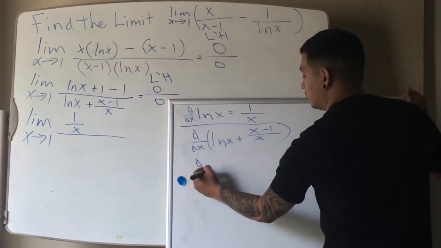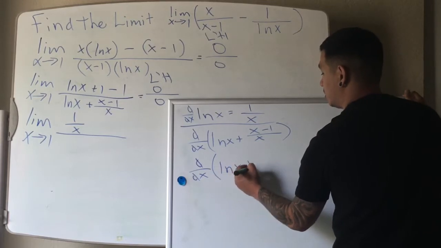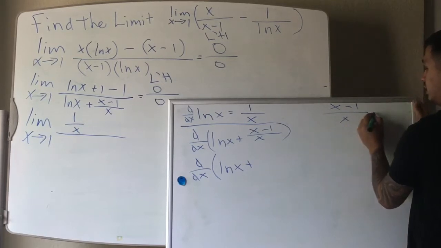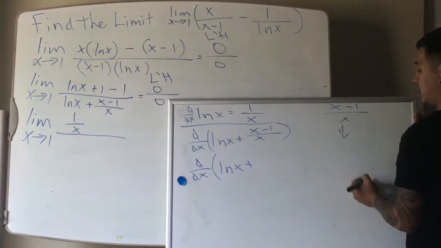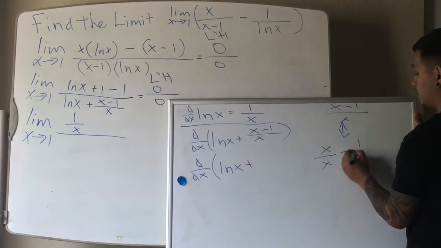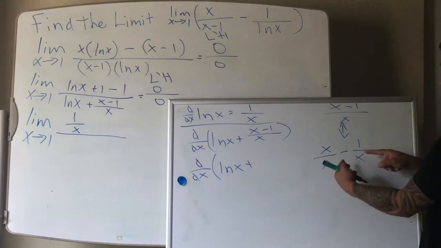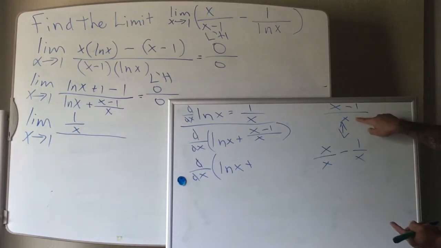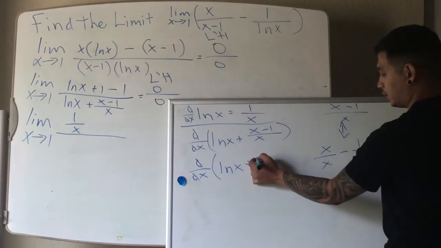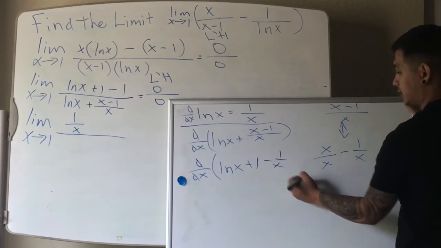So let's just simplify or expand it a little bit. ln x plus x minus 1 over x is the same thing as ln x plus x over x minus 1 over x, right? Because if you just combine these, it's x minus 1 over the same denominator. So let's write that. Well, x over x is the same thing as 1, minus 1 over x.